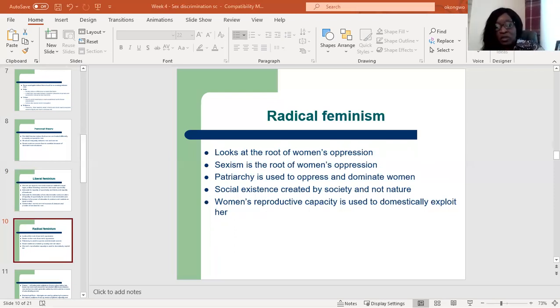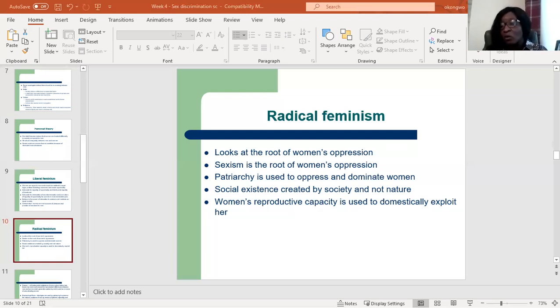Our social existence and our worldview are created by society, and not by nature. So we see things like families being structured in such a way that women's reproductive capacity is used as a means to domestically exploit her, making her vulnerable and economically dependent.